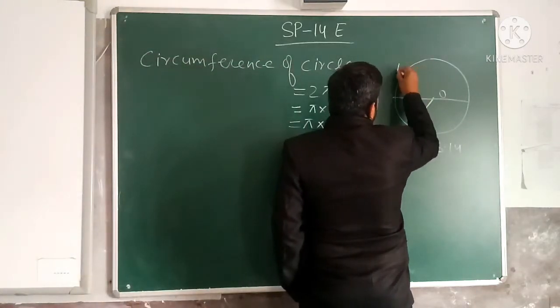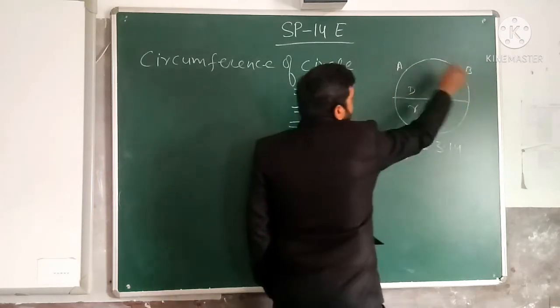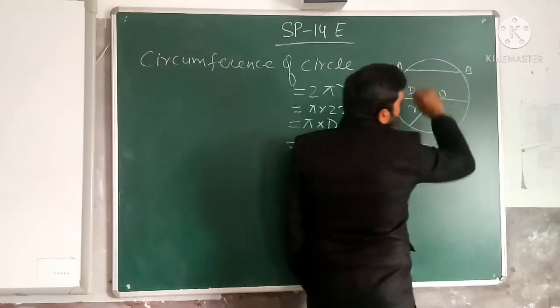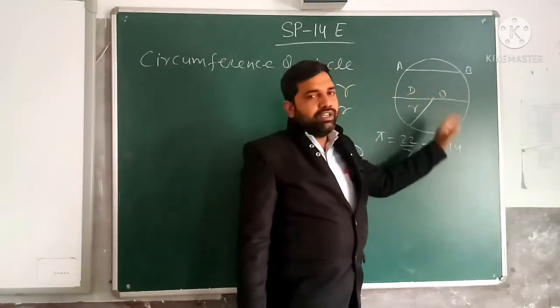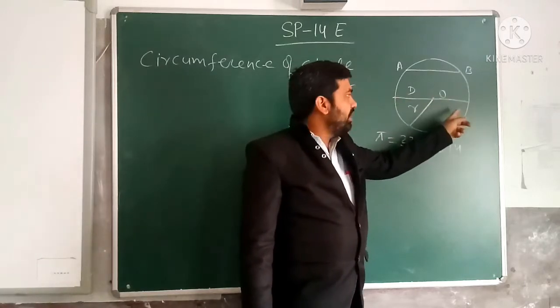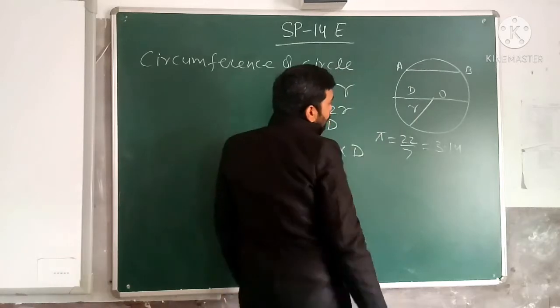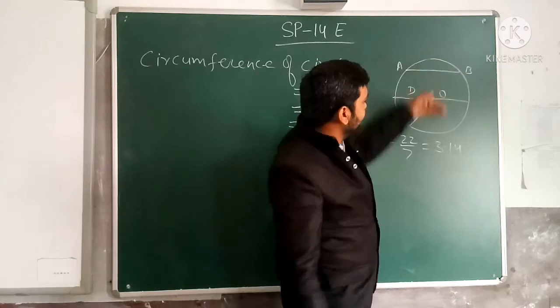Here we take 2 points A and B on the circle and join them. The line joining 2 points on the circle is called the chord. Like this you can draw many chords in the circle, but the chord with the maximum length, the biggest chord, is called the diameter. As you move the chord towards the center, its length will increase.